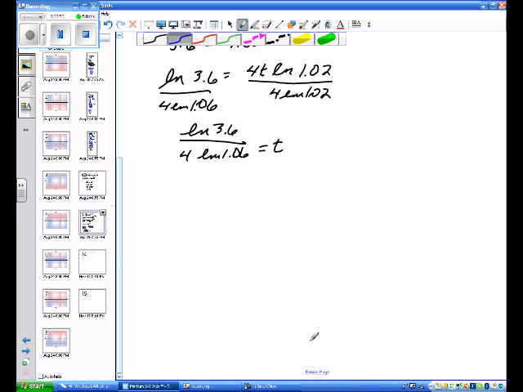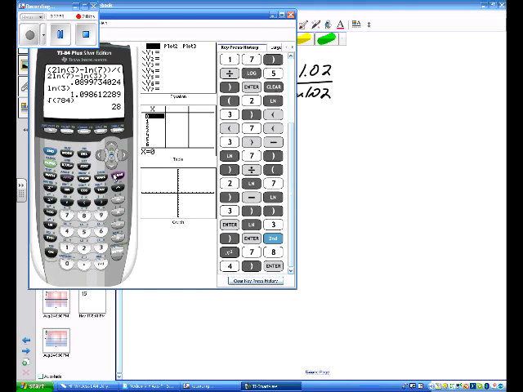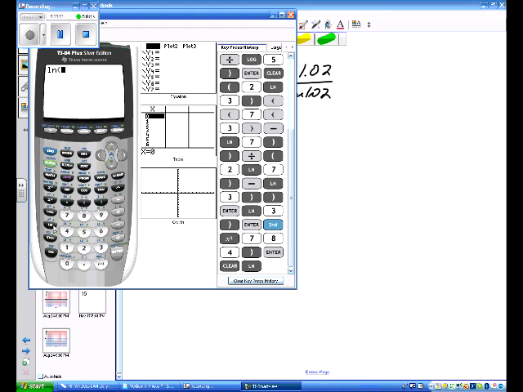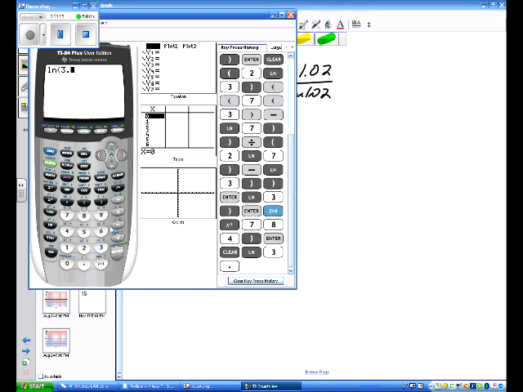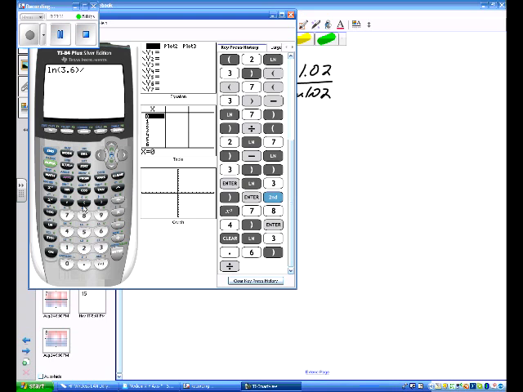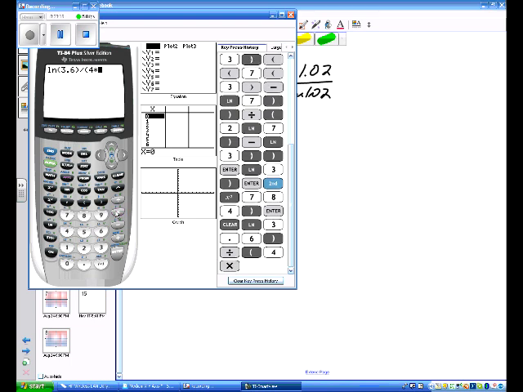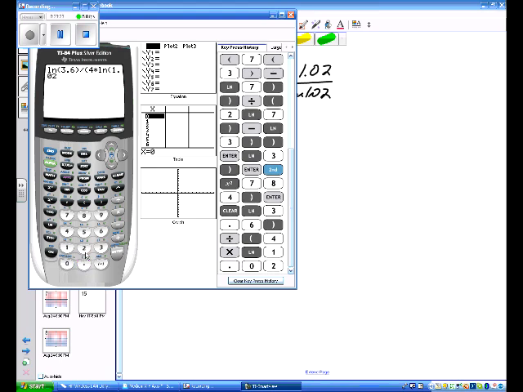So we go to our calculators. And we would have the natural log of 3.6 divided by, we need parentheses because there's more than one thing, 4 times the natural log of 1.02.